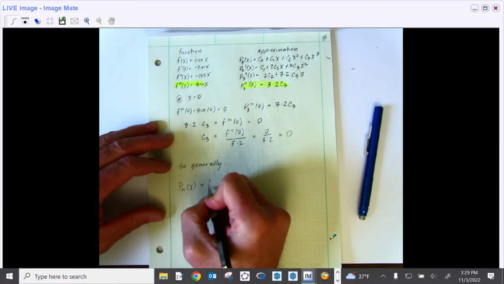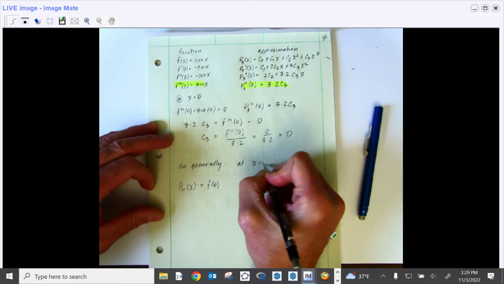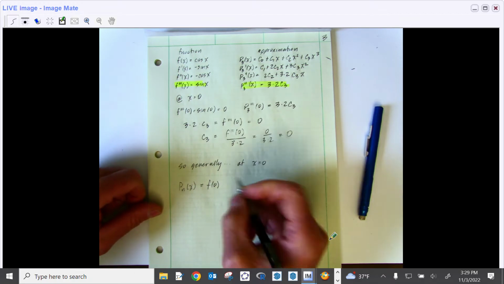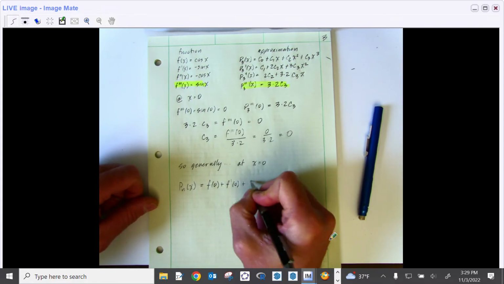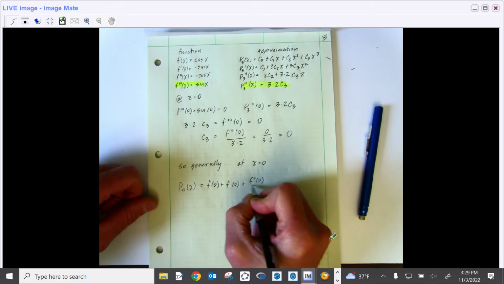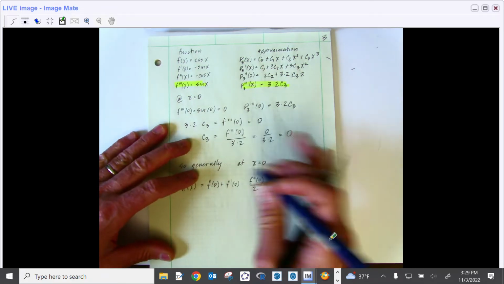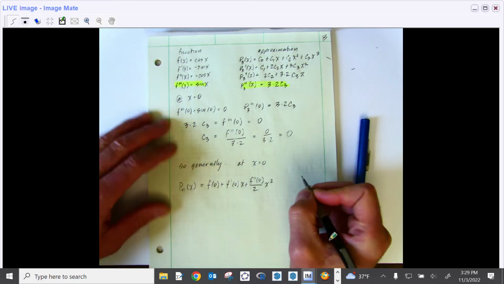We know that the first term is always f of 0, at x equals 0. The nth order Taylor polynomial would be f of 0 plus f prime of 0 times x plus f double prime of 0 over 2 times, oh, I missed an x here, that times x squared.